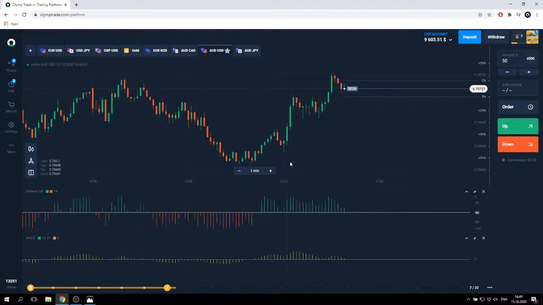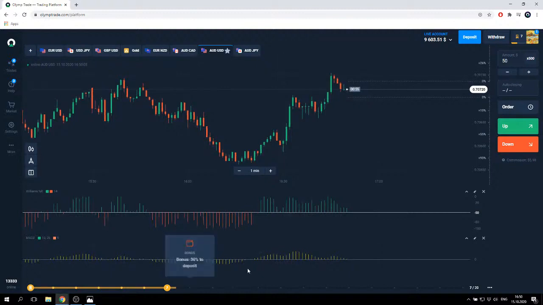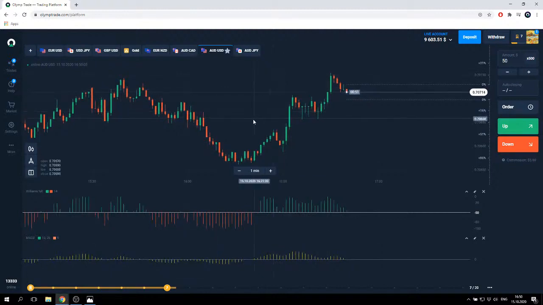So if you see overall that price is heading towards north, that means the price is heading up. And you see the green histogram on the Williams Percent R, and at the same time the momentum is on the higher side, the histogram is above zero level. There are strong chances that price can go on the higher side.